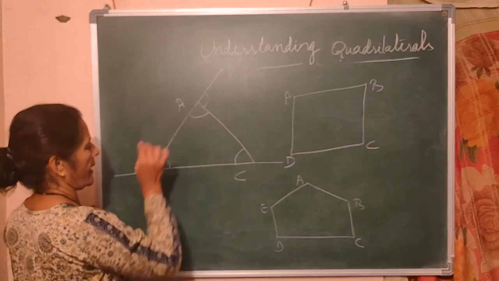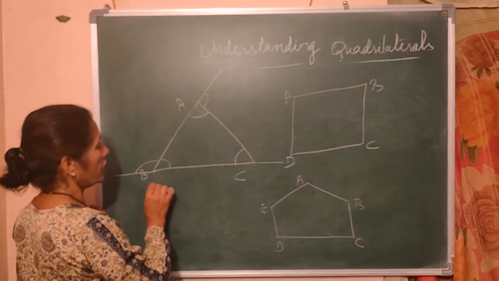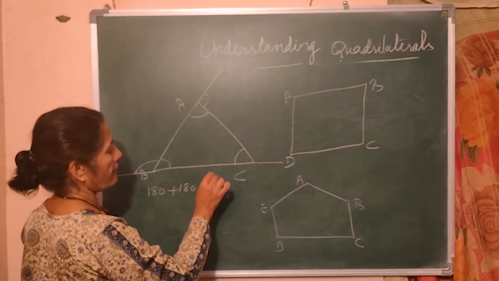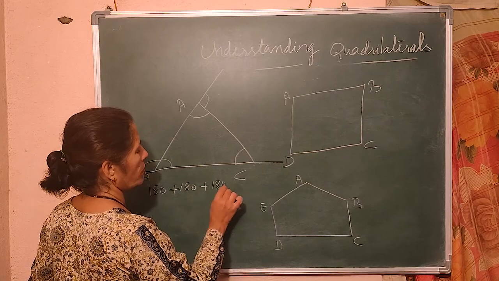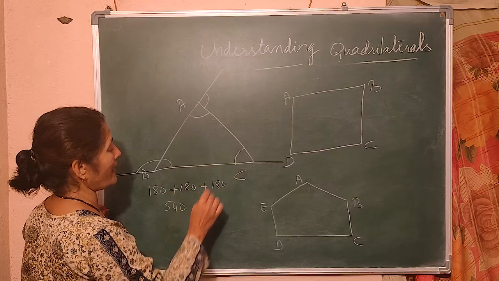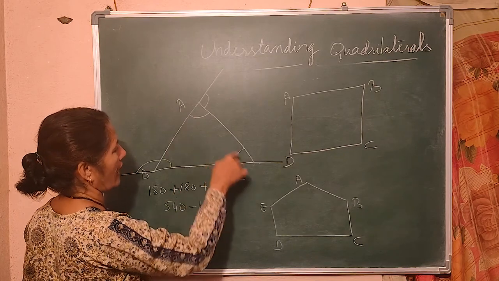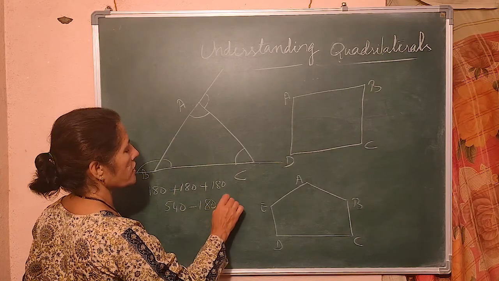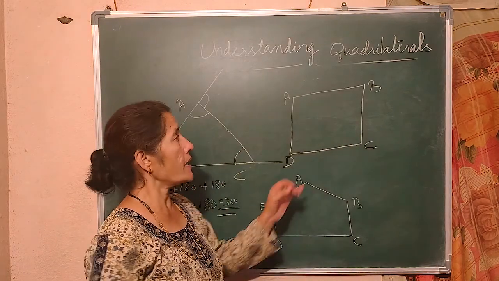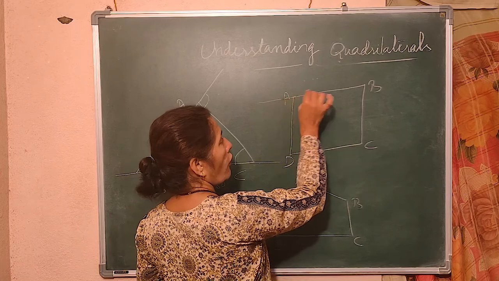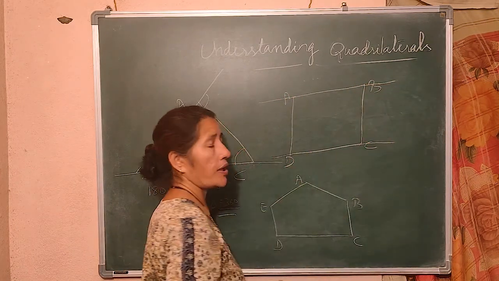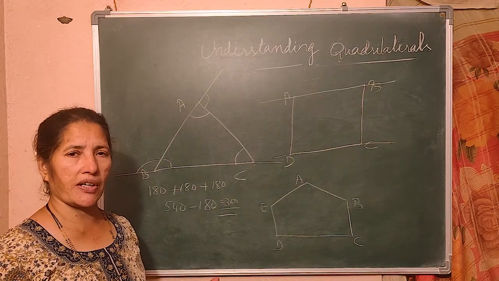So, the exterior angle of A plus the exterior angle of B plus the exterior angle of C: see, here at A, 180. Here at B, 180. Here at C, 180. Totally how much? 540. 540 minus 180, because the sum of the three angles of a triangle is 180. How much? 360. Like that only, if you measure everywhere, the sum of all exterior angles is 360.